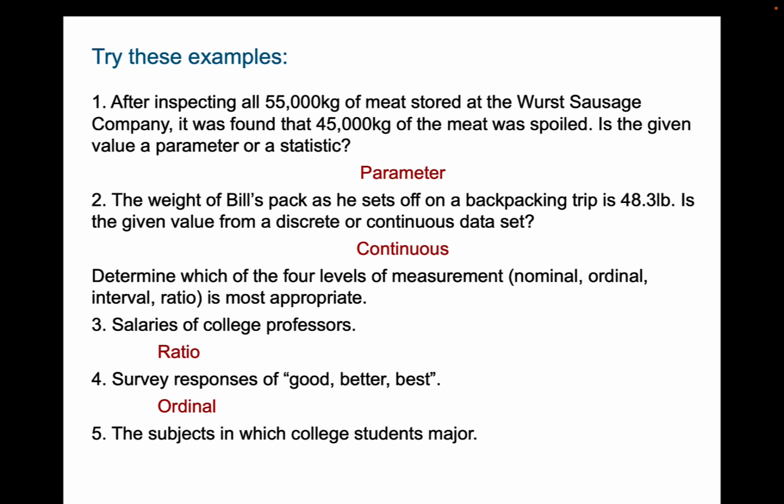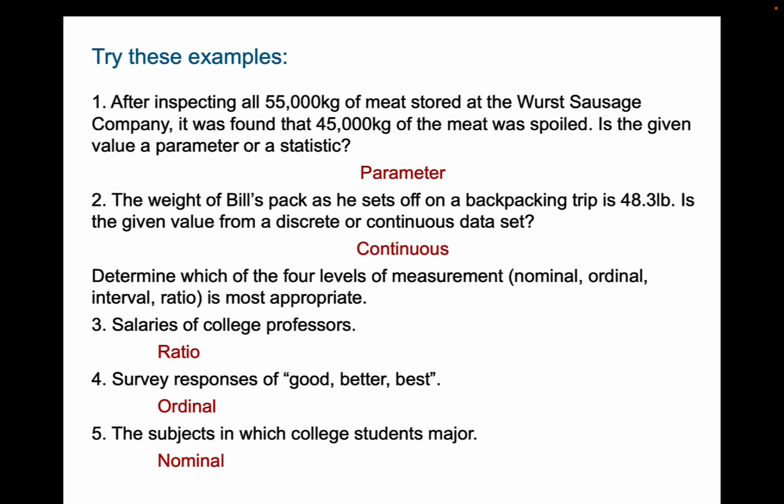Try the last one. The subjects in which college students major. Is that nominal, ordinal, interval, or ratio level data? If you said nominal, you got it right. You cannot arrange the majors that different college students choose from best to worst. Okay, it's a selection based on their preference.